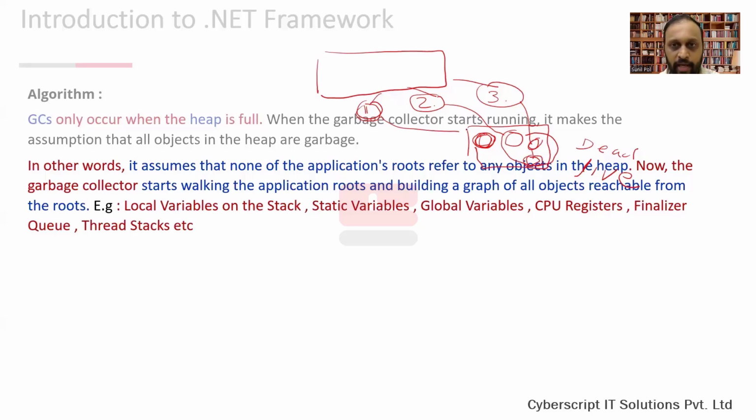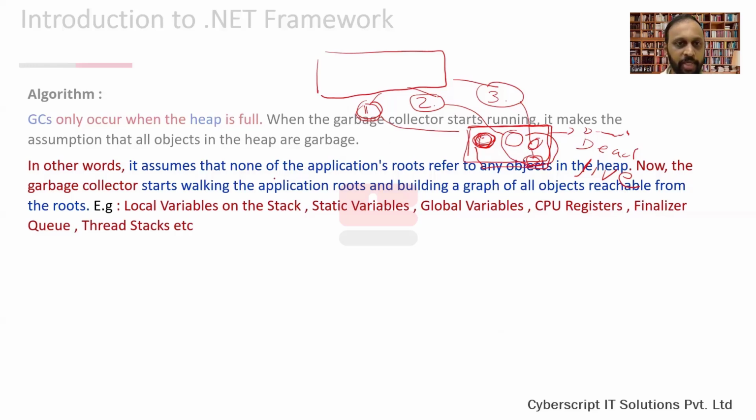At first, the garbage collector assumes that all the objects in the managed heap are dead objects. After that, it walks through these application roots and checks whether each application root is referring to any object from the managed heap or not. If yes, it is considered a live object. In the case of root 2, this object is referred to by root 2, so it is also considered a live object.